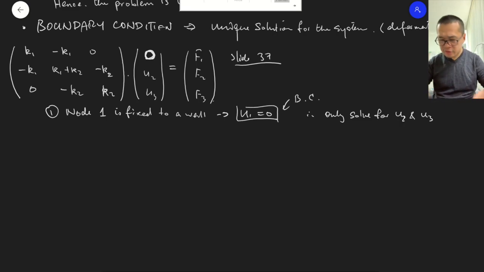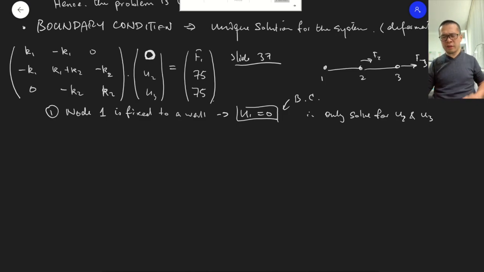So those are the boundary conditions. And now we can also give some values to the loading. For example, we said node 2 and node 3 have a force of 75 Newton applied. So if you look at this 1, 2, and 3, we apply forces F2 and F3 here, right?